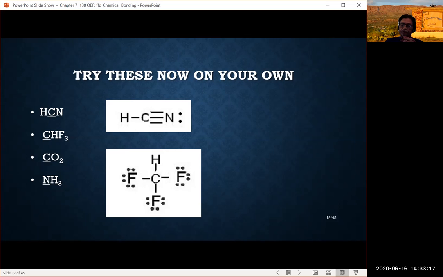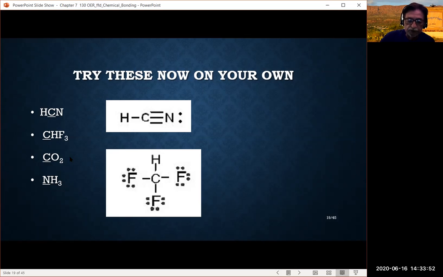We have 16 valence electrons for carbon dioxide, or 8 pair, right? Let's try it again. Oxygen has 6 valence electrons. There are 2 oxygens, so that's 12. Carbon has 4, so 12 plus 4 is 16. We got 16 valence electrons, or 8 pair.